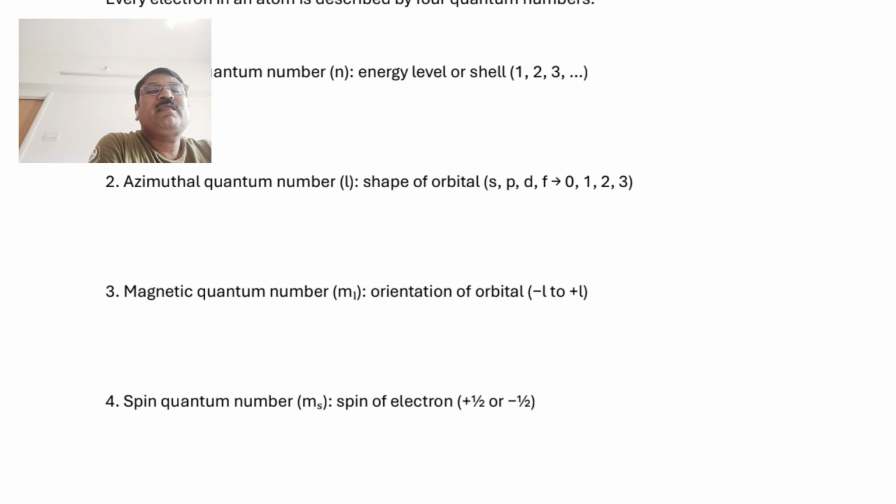For example, the p orbital is oriented in the manner of px, py and pz. The magnetic quantum number always shows the orientation of the orbital.